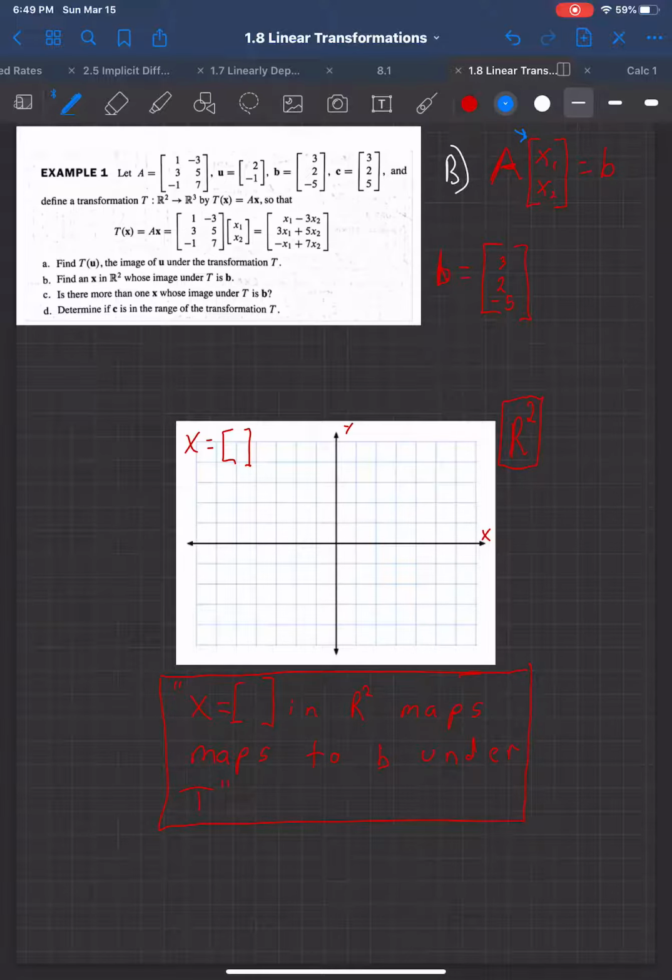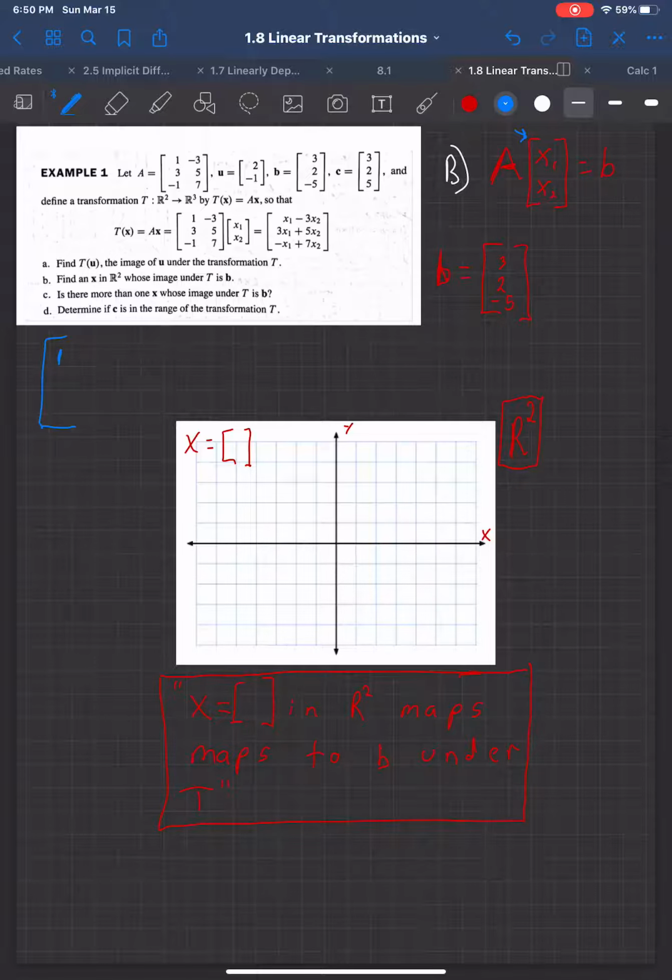The good news is row reduction algorithms are here to save the day. What we're going to do is take matrix A and create an augmented matrix like so.